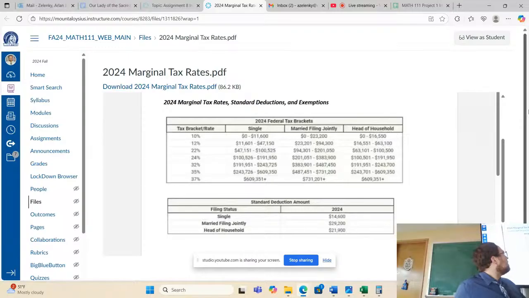I was going to say, is that big enough there? But essentially, you would use those tax brackets for the federal taxes.